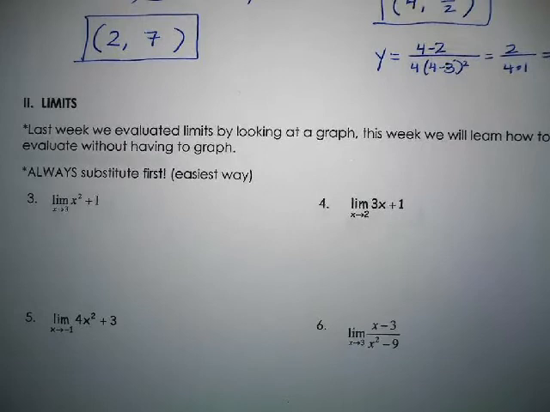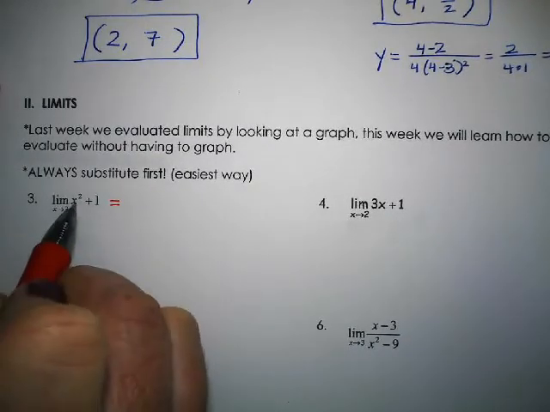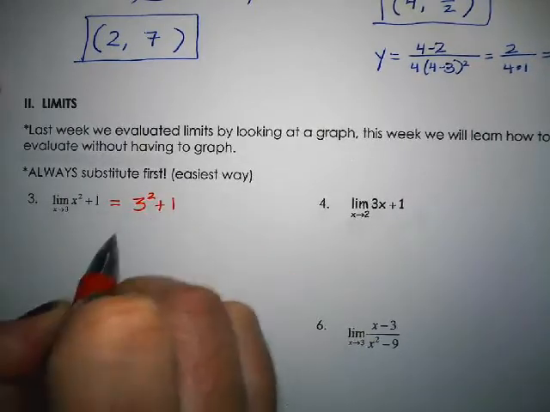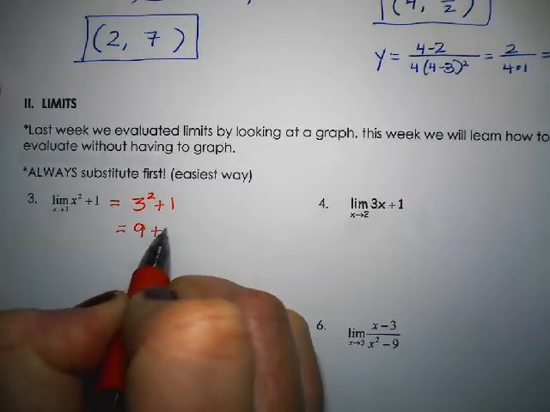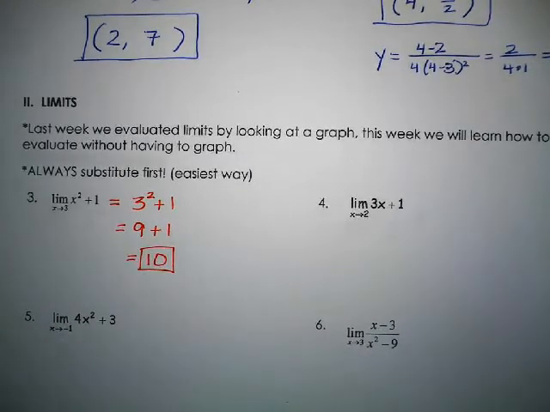I'm going to take 3 and plug it in for x. So 3 squared plus 1, 9 plus 1, and I get 10. If I get an answer, that's my answer. That's the easiest way to do a limit problem, to substitute in.